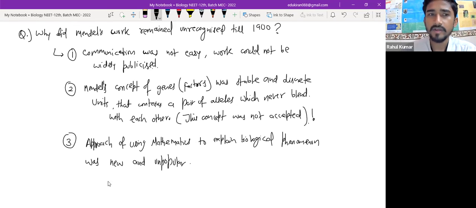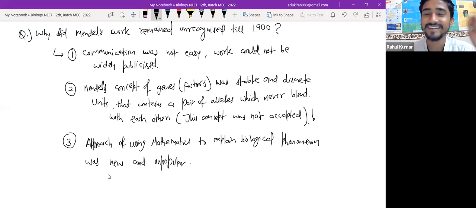You know who was Mendel? Who was Gregor Johann Mendel? He was a physicist. His education was in physics, and by profession he was a priest. And he did use mathematics to explain biological genetics.